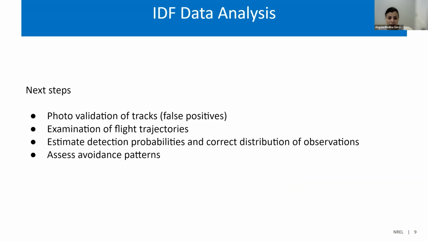Our goal is to examine flight trajectories of eagles around turbines, so we can assess potential patterns of avoidance by eagles. And in order to do this, we still need to estimate the detection probabilities and correct the distribution of observations by these probabilities.